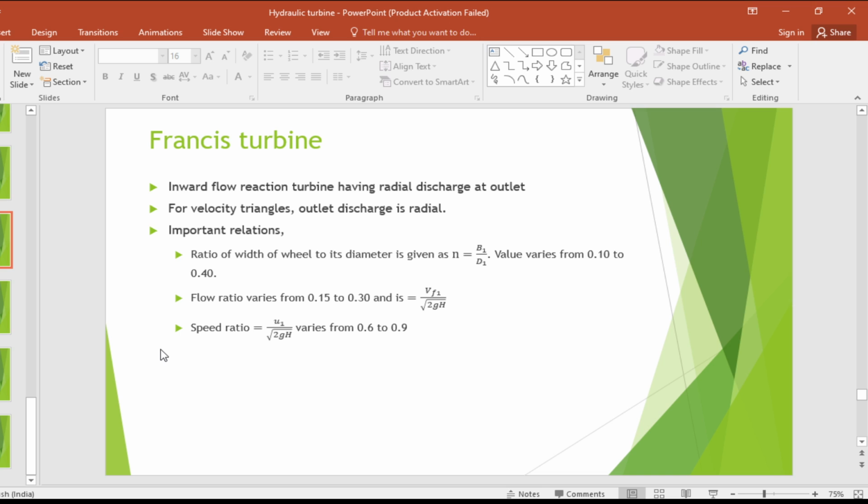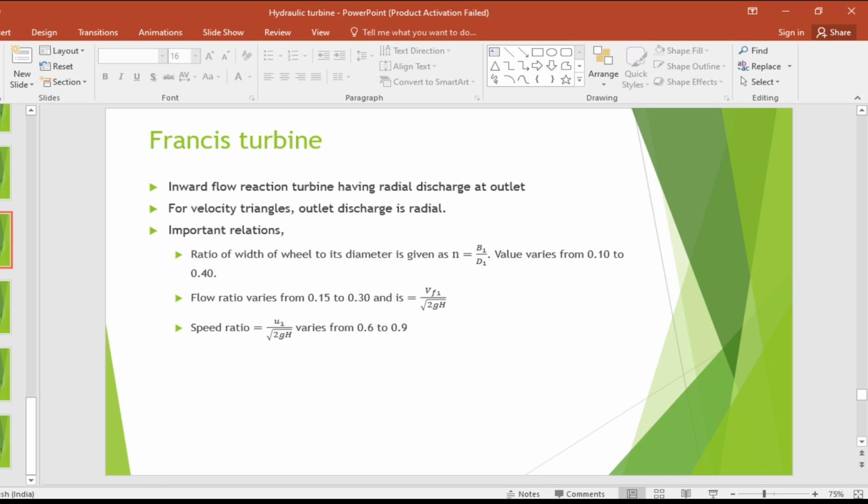Secondly, speed ratio is given as u1 divided by root 2gh, and its value varies from 0.6 to 0.9.